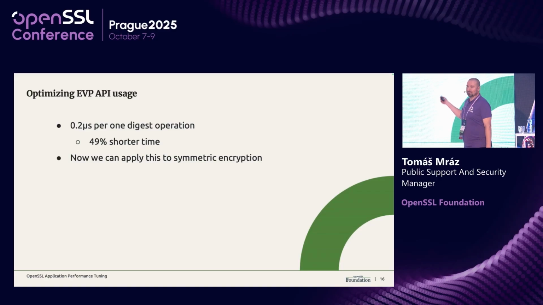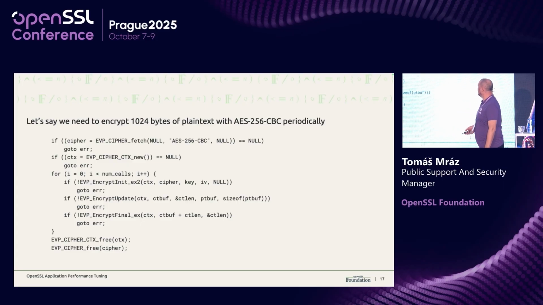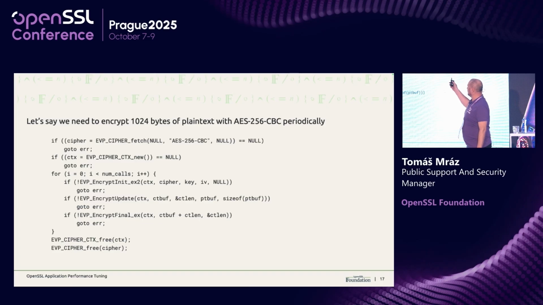Same things can be applied to symmetric encryption. So let's say we need to encrypt 1 kilobyte of plain text with AES-256-CBC. We already apply these things. So we fetch the algorithm outside of the loop. We allocate the context outside of the loop. And we call encrypt init to initialize the cipher key and IV inside this loop.